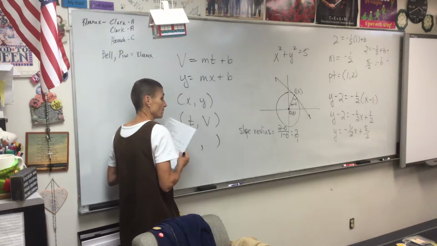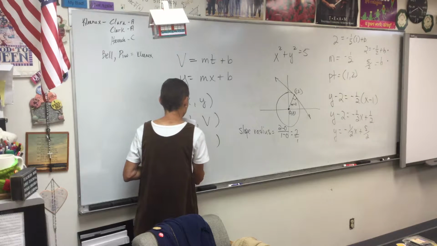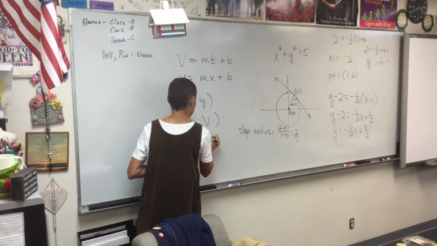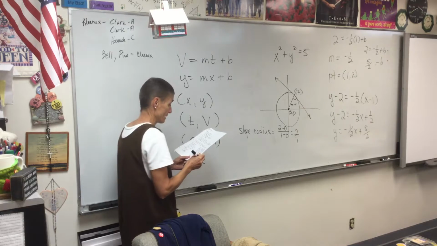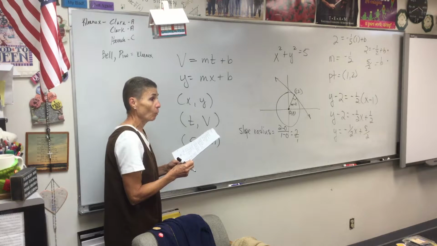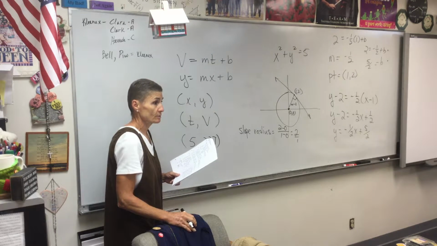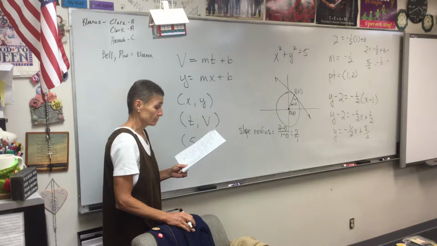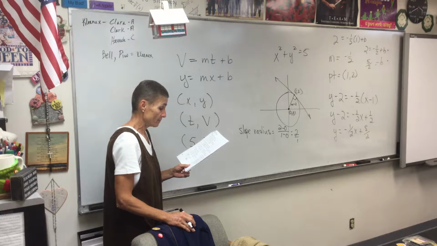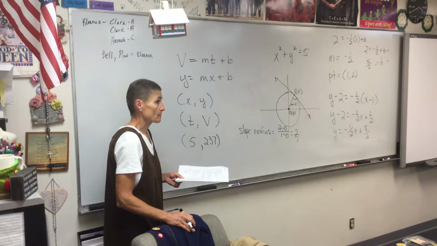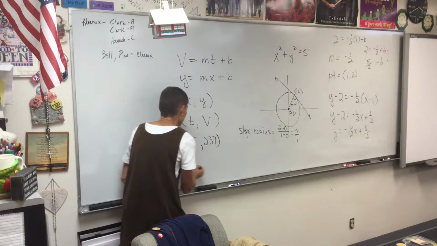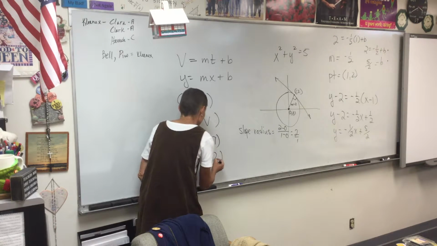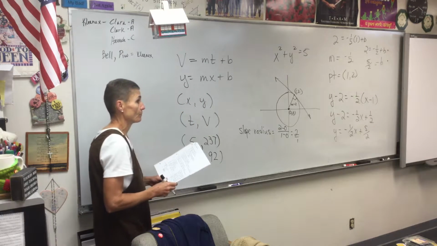What ordered pair would that correspond to? 5, 237. And the bike is now worth $92. What am I going to do with that? Well, now wait a minute. Yes, definitely comma 92.